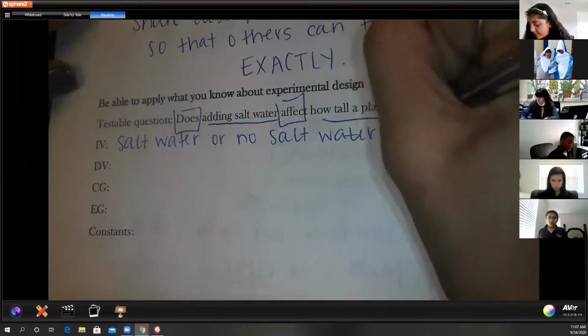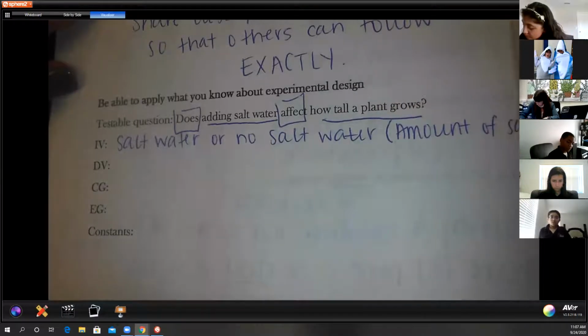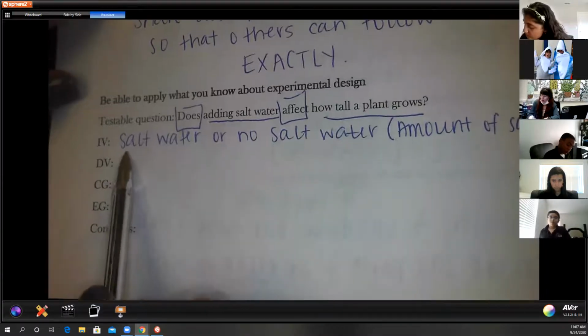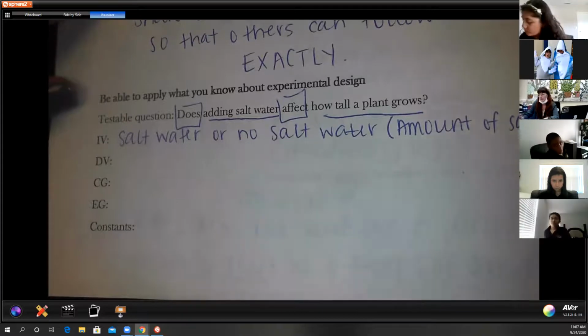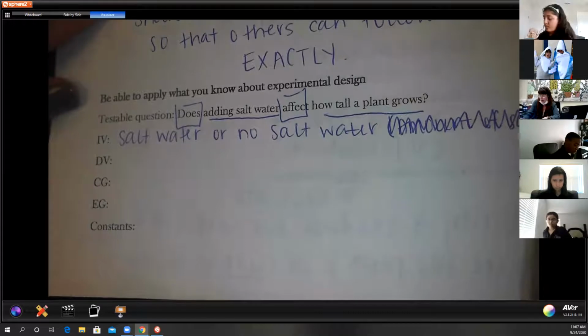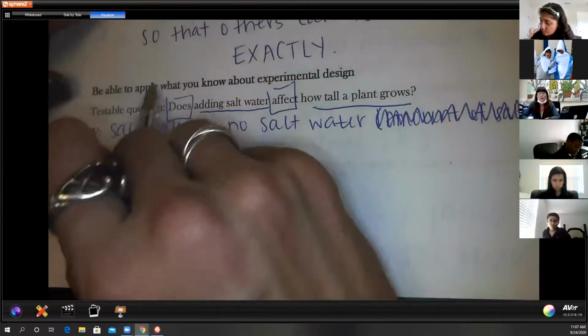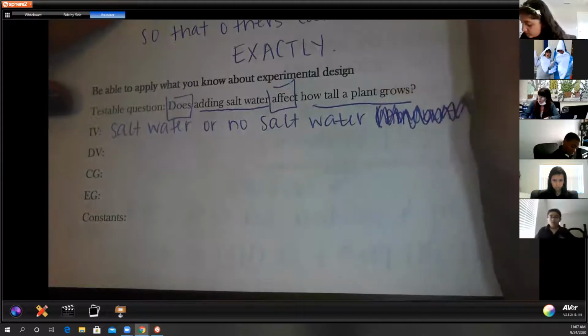You could also say the amount of salt water. So you're going to give the same amount. So you're right, but I could say either giving salt water or not giving salt water. So I'll cross that out because you're absolutely right. I should give the same amount to the plants if they do get salt water. I like that you called me out in a very respectful way.